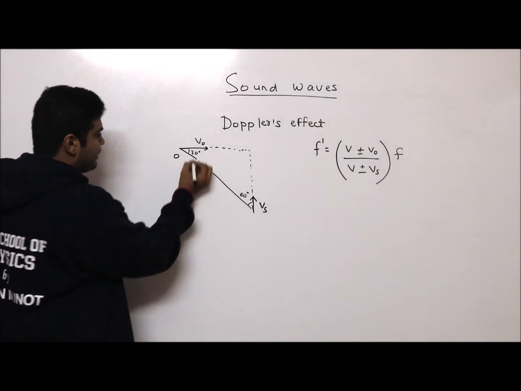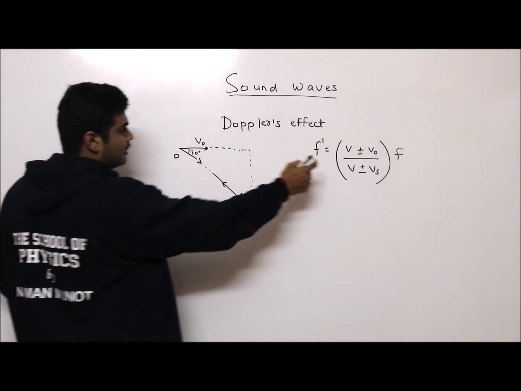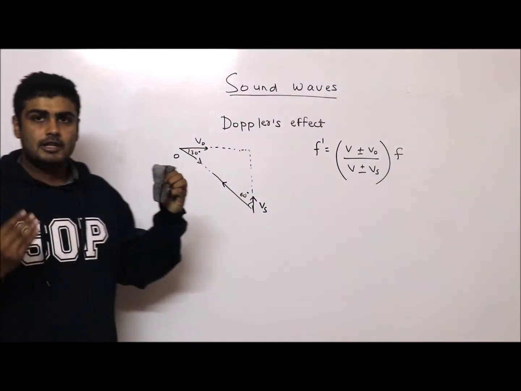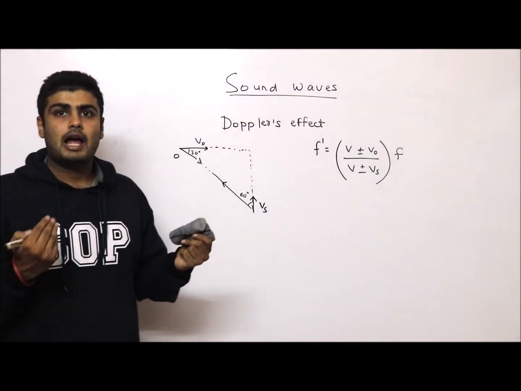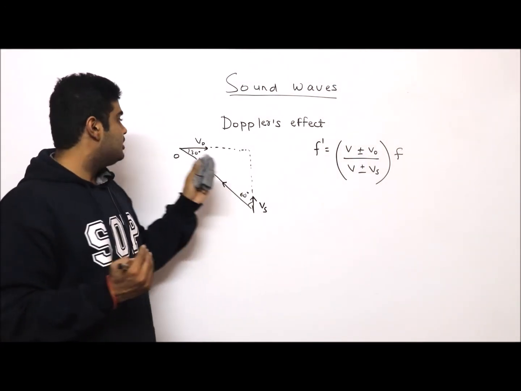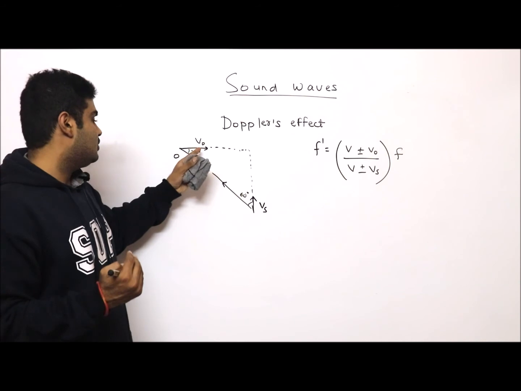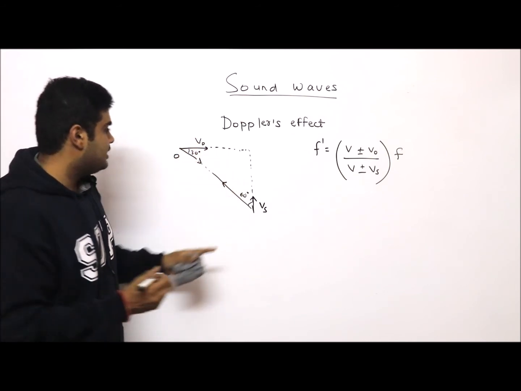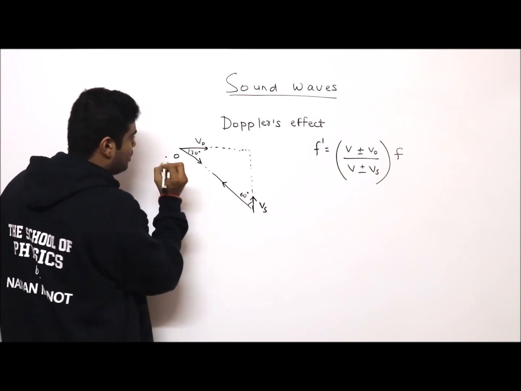For the Doppler effect, we have to see the velocity of the observer and the velocity of the source in the direction of the line joining the source and the observer. Very important, listen to it again: in the direction of the line joining the observer and the source, which is the line that we have drawn here.